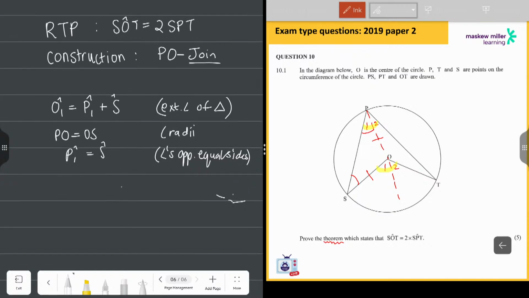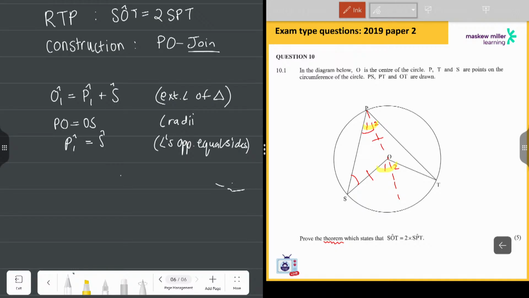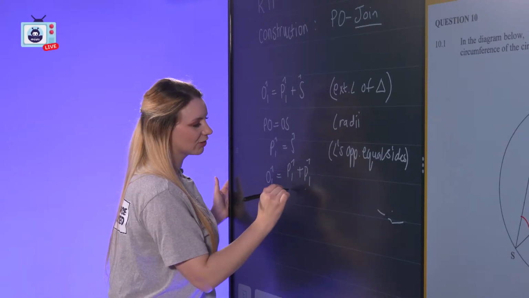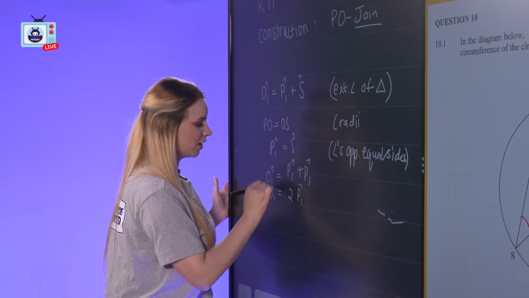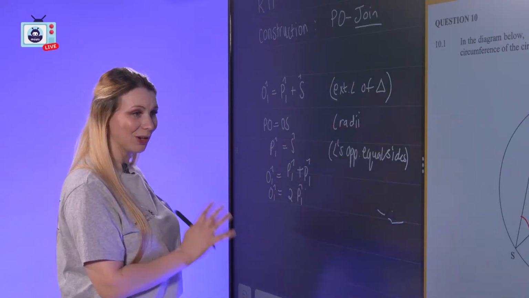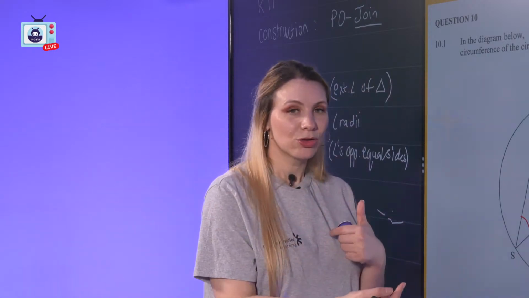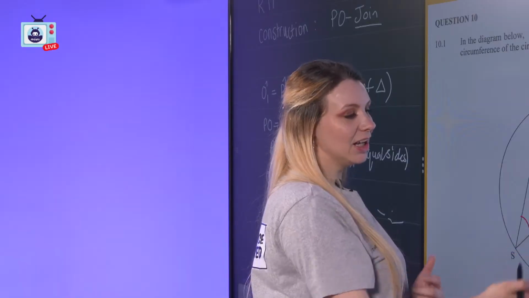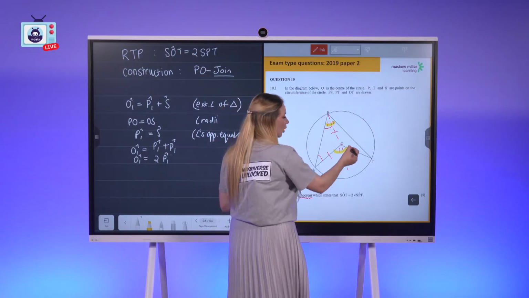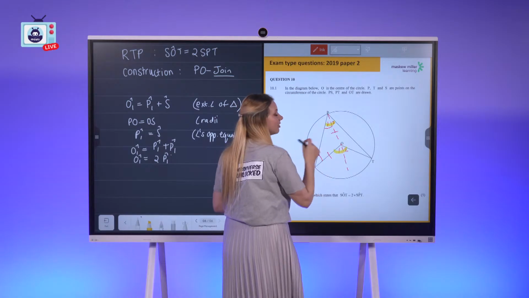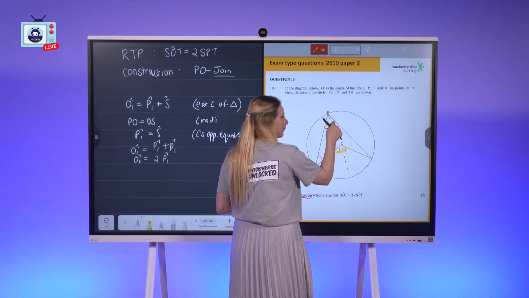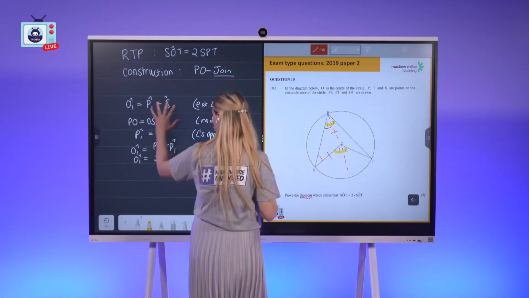Now, because P1 is equal to angle S, we can restate this as O1 is equal to P1 plus P1, which is in fact 2 times P1. So O1 is equal to 2 times P1. We're almost there. Now, I'm not going to do it, but for the other side, if we do the same method for O2, we can prove that O2 is also equal to 2 times P2 by doing the exact same thing we did for O1.